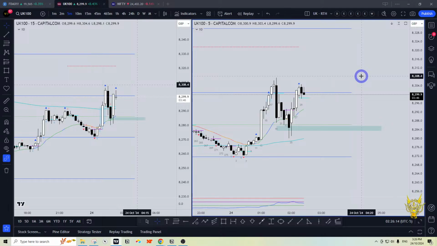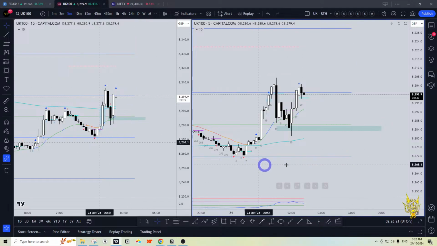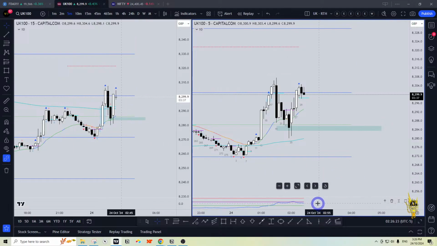I mean, it's a second entry sell, but it's just a scalp to the moving average. What's the average bar range at the moment? Eight points. Is that 8 points to the moving average?